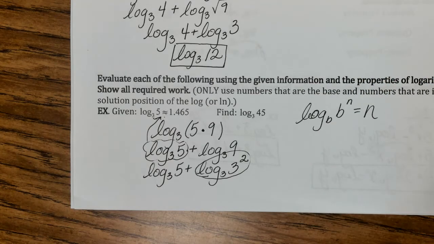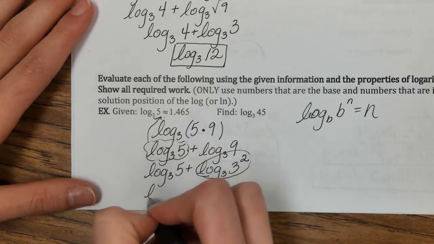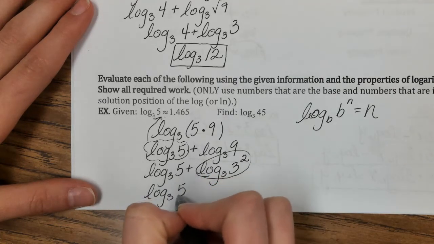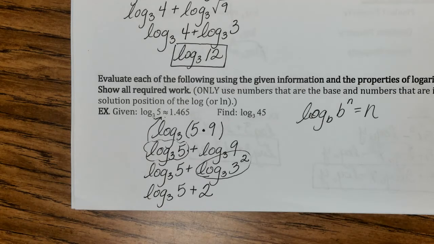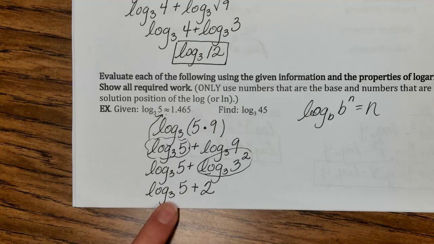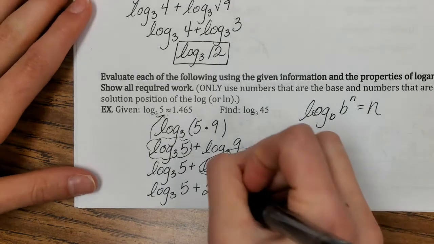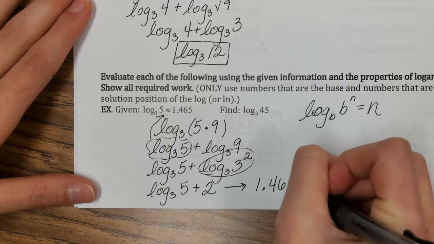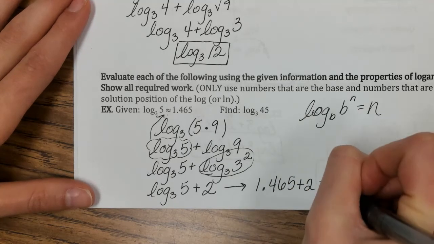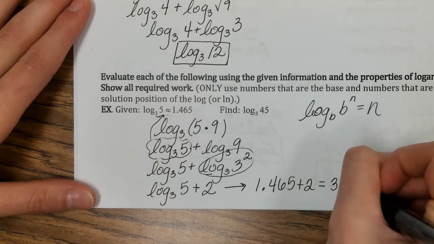So this is really log base 3 of 5 plus 2. Well, then I can substitute that 1.465. So I've got 1.465 plus 2. So my final answer would be 3.465.